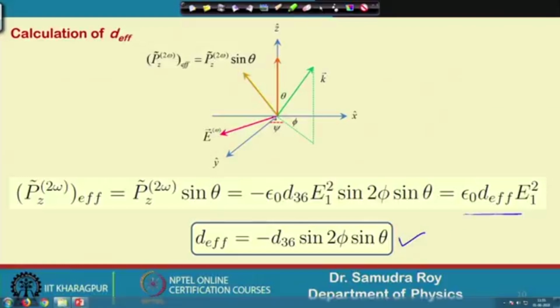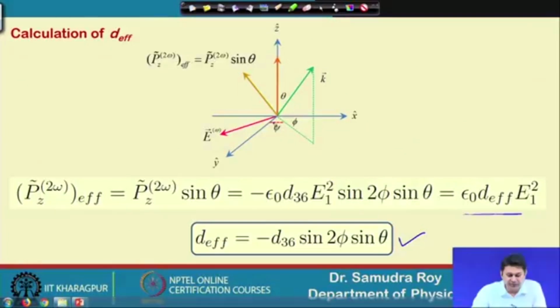If we divide the perpendicular portion, then we will have a sin theta term that should add to get the effective polarization term. So, here we find the D effective is not only D 36 D 225, but also a sin theta term has to be added with that. So, this sin theta term is important because this is the effective one.